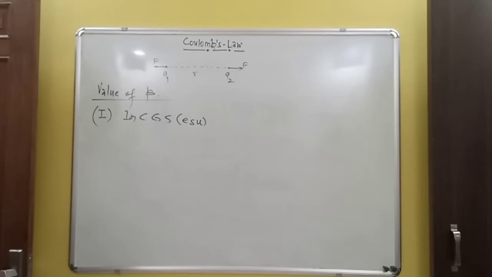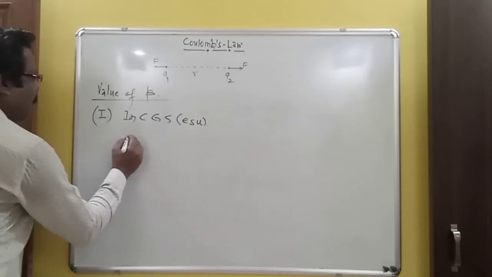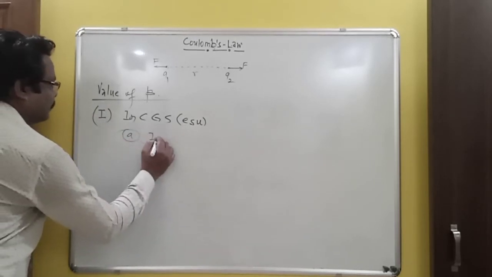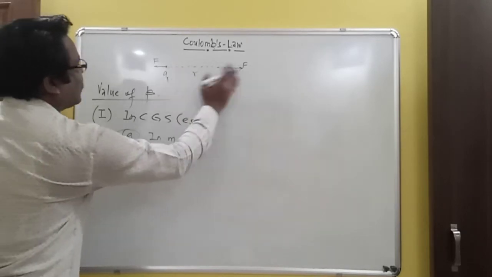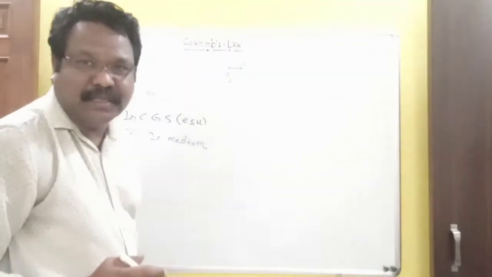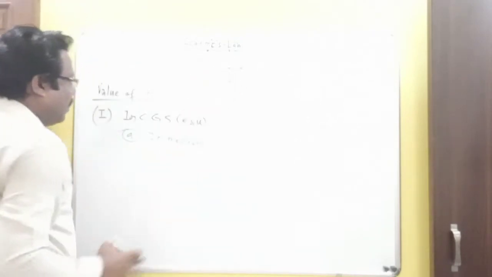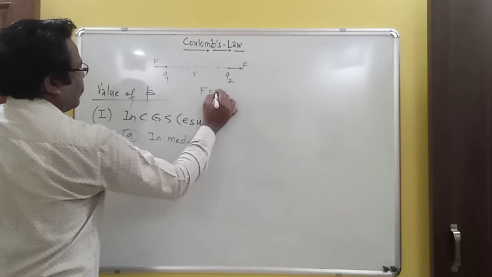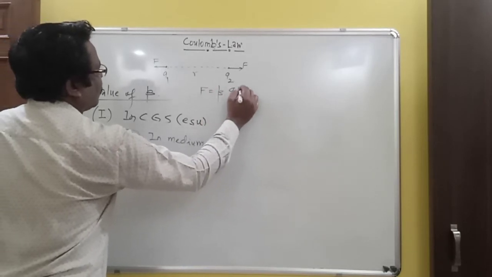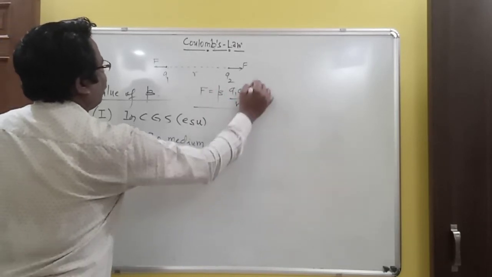CGS ESU, electrostatic unit system, right? And in this system we'll study the value of beta first in a medium. Means if you have a certain medium between the 2-point charges in the whole space, then what should be the value of beta there? What is our force there? I am writing there beta Q1 Q2 by R square. That is our force, right?